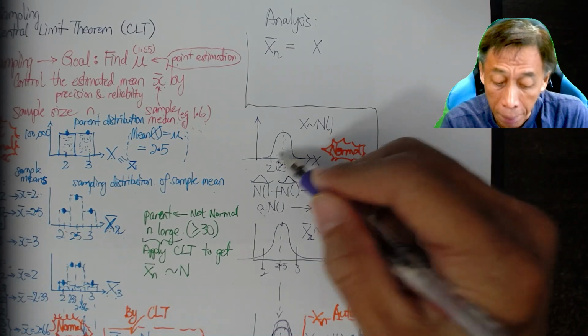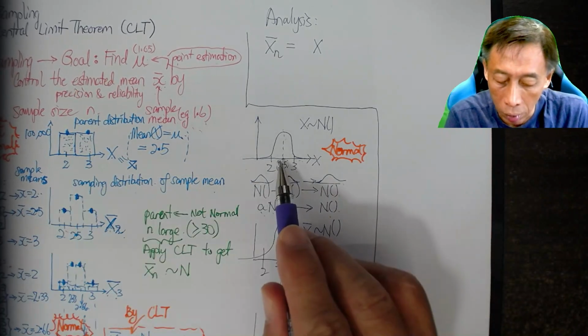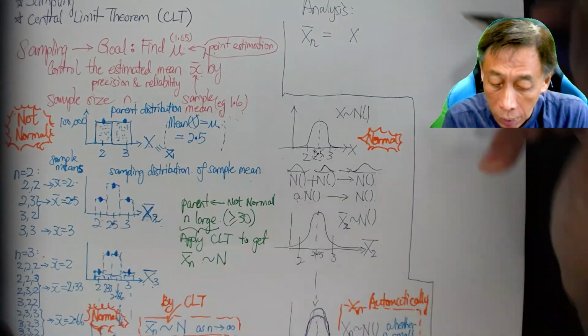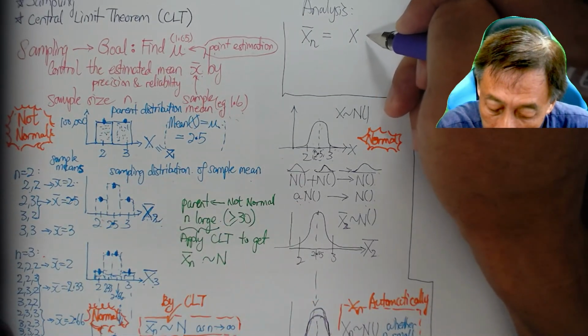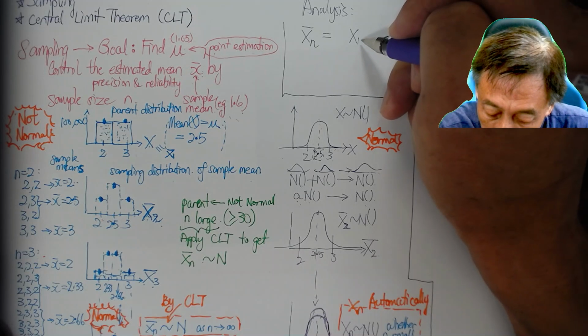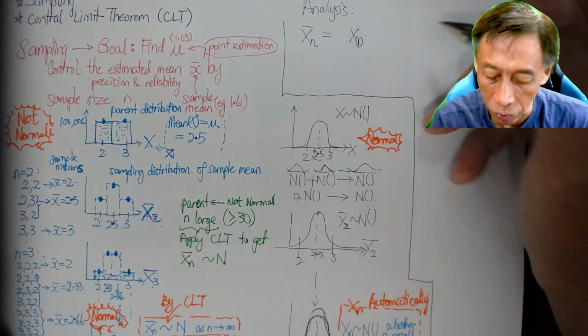I pick a number from the parent. So the parent can be this, can be this. So I pick a number 2, or I pick a number 2.5. Remember, this is continuous. I pick a number and label it as bracket 1, meaning the first time. That's different from the sampling distribution.